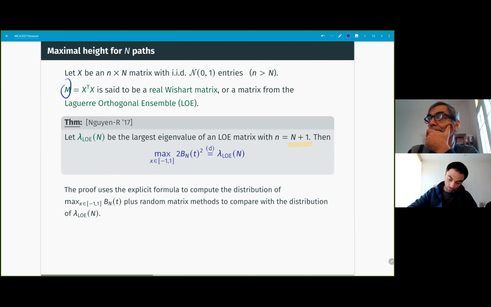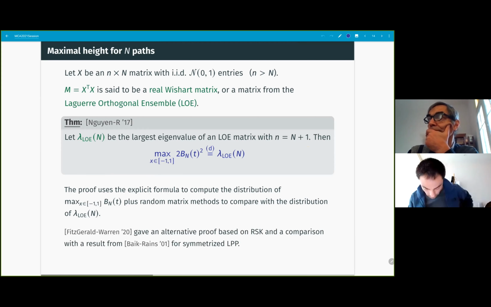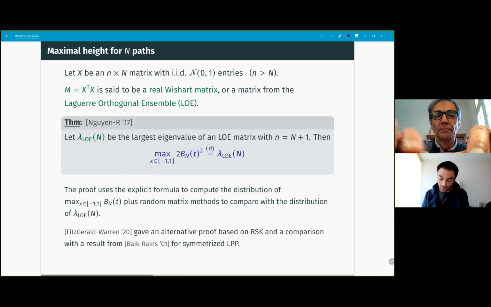The proof of this uses essentially the idea that I was showing you before, by explicit computations. And last year there's a paper by Fitzgerald and Warren, who were doing something sort of related. In particular, they gave an alternative proof of this based on something called RSK, for those of you who know what this is. Essentially, there's a proof which makes a connection with last passage percolation and gets the same result.